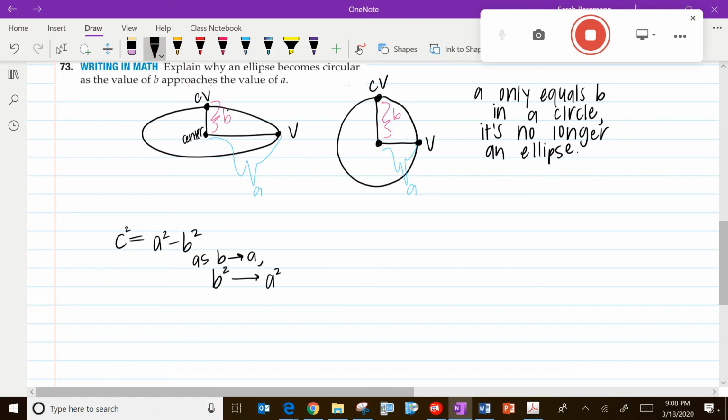And if b squared is getting closer to the value of a squared, then what that means is that c squared is approaching 0. Because think about it, if b squared and a squared are the same number, wouldn't that give you 0?